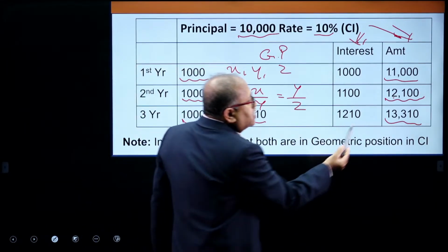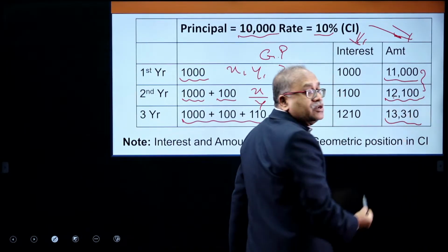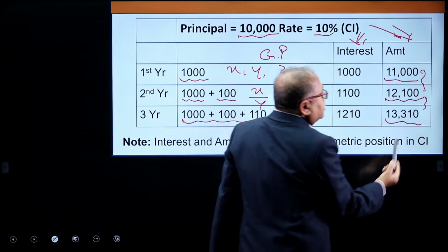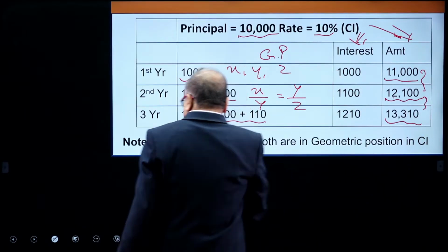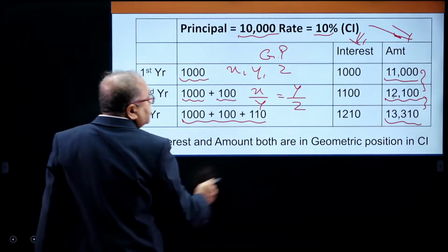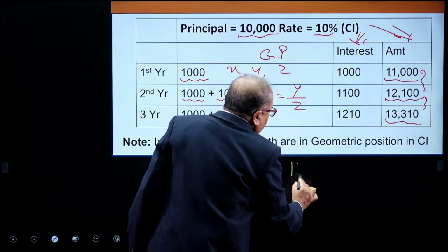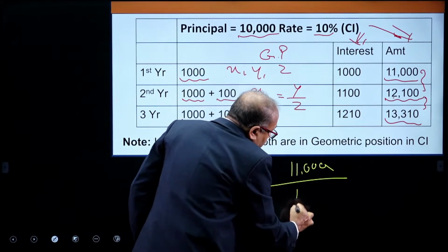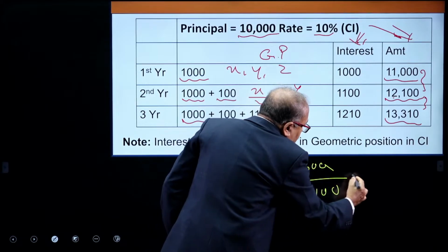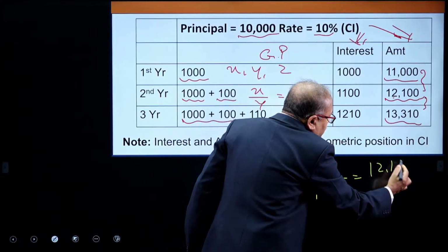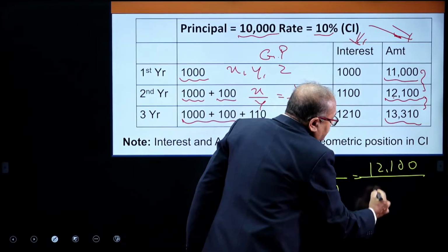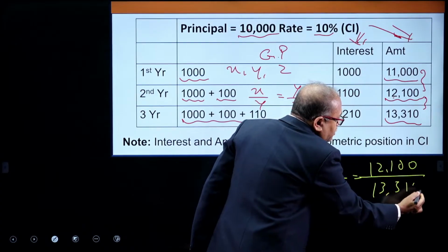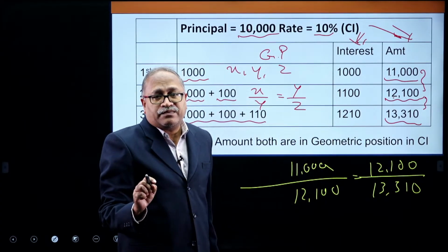So, here the duration is the same, that is 1 year, and this is 1 year. So, you can notice that whatever ratio I am getting over here, that is 11,000 by 12,100, will be the same as 12,100 by 13,310 when the time period is the same.